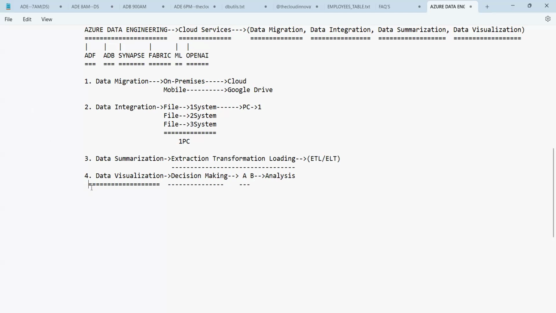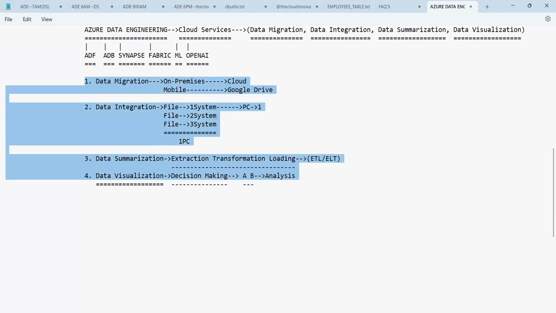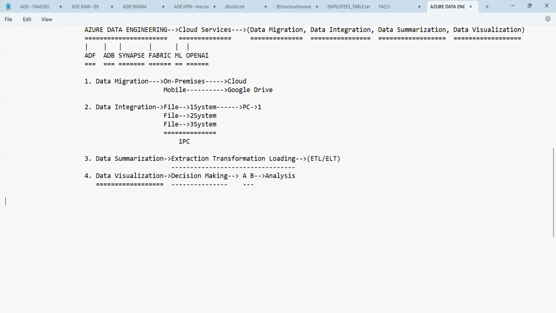These are the four jobs we can perform by using Azure data engineering, wherein the first one, what is that?